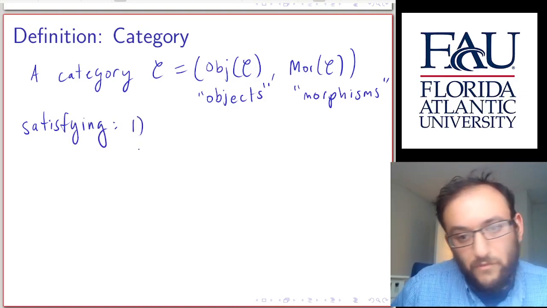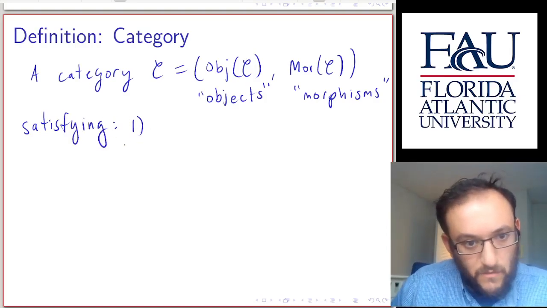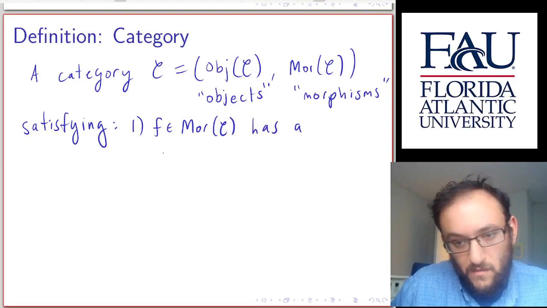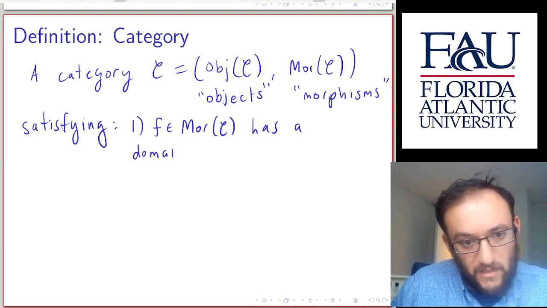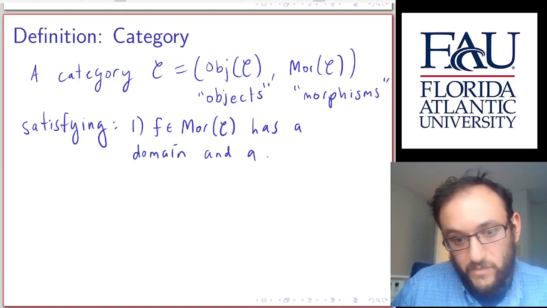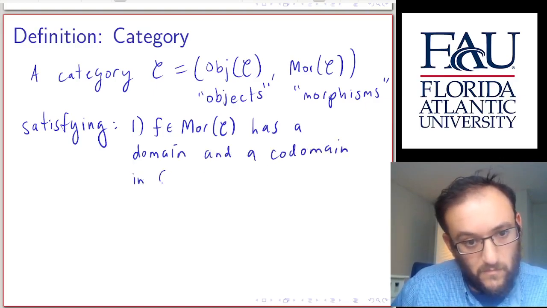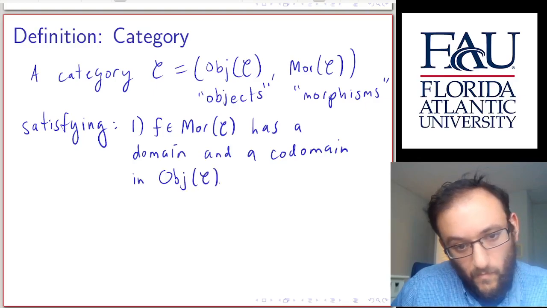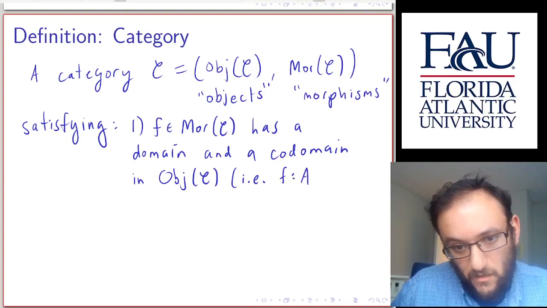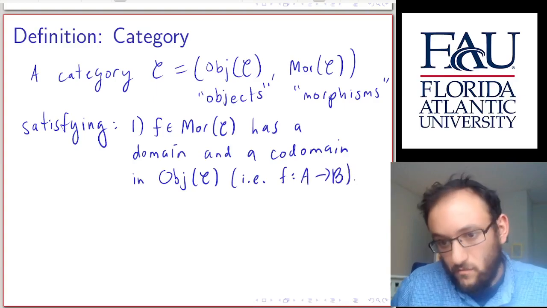First of all, every morphism is between two objects. So f in the morphisms has a domain and a codomain in the set of objects. In other words, f maps A to B, and A and B are objects in the category.